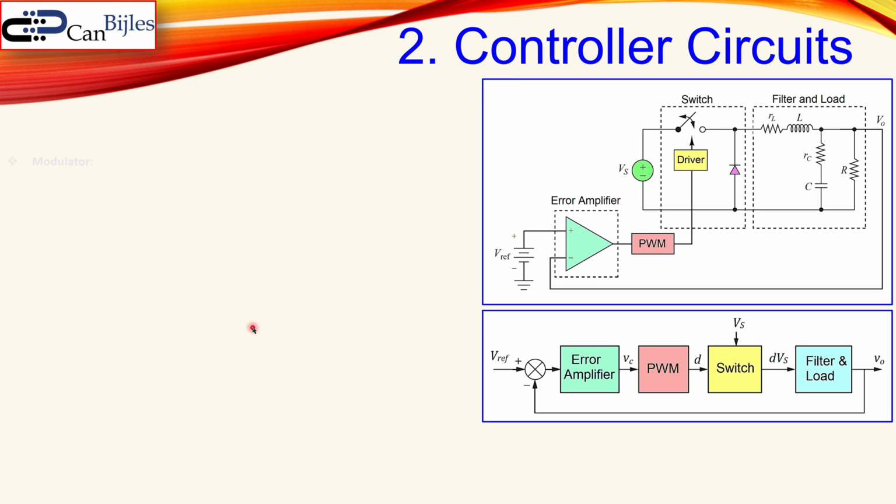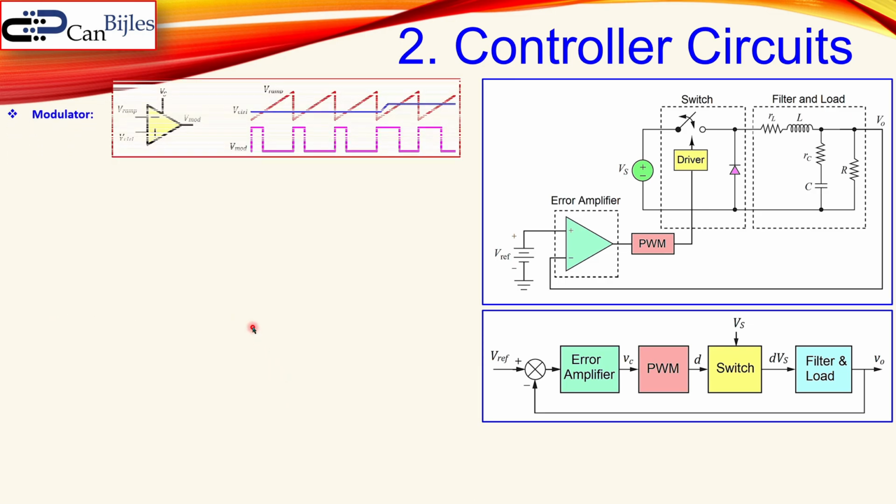Okay, now let's first look at what the modulator means. The modulator has a reference signal which is our ramp, so it goes up and down like so, and we have a control signal which is then compared to that ramp signal. Now the difference between these two will be evaluated and put at the output as the modulating signal.